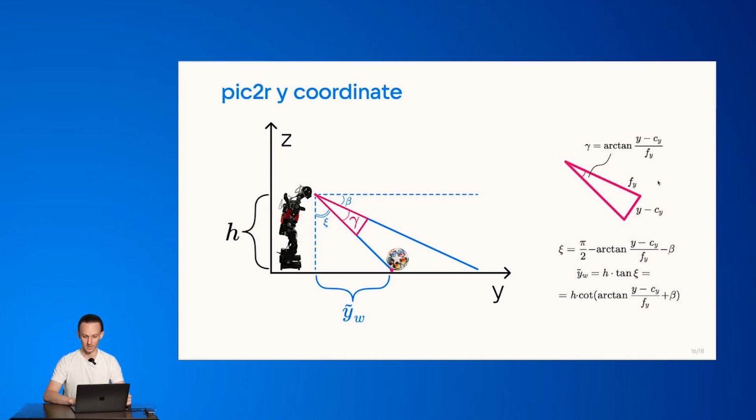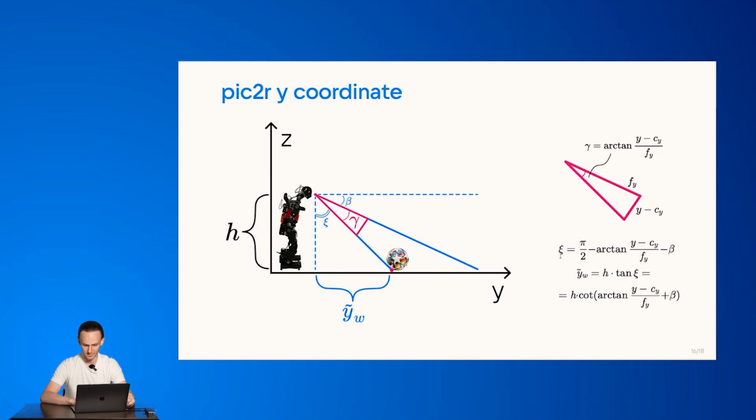So this angle gamma is calculated by subtracting the c sub y from the coordinate of the ball, and then dividing that by the focal distance measured in the units of the y-axis. So this is the angle of deviation of the ball from the optical axis. That's it. Then we take the arctangent of that, and we basically have the angle.